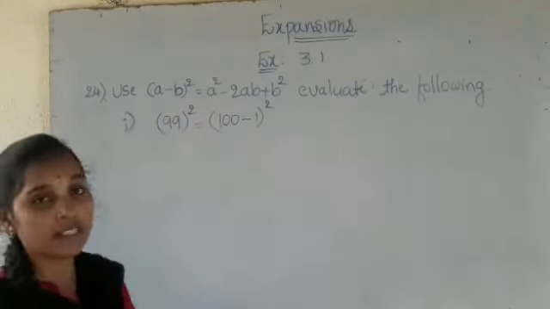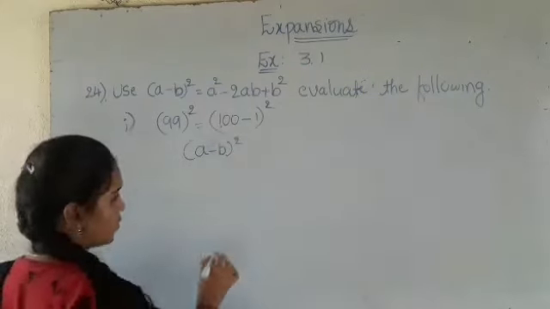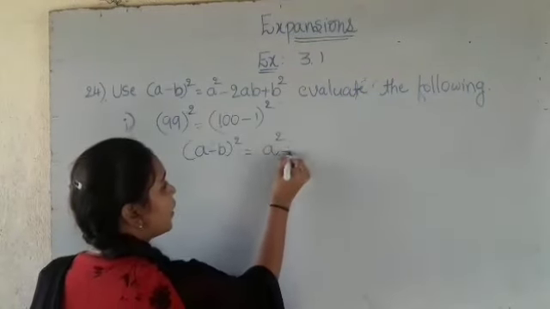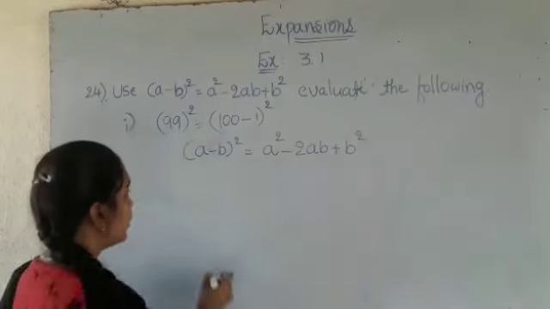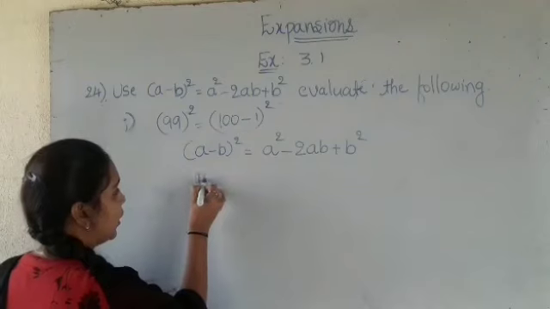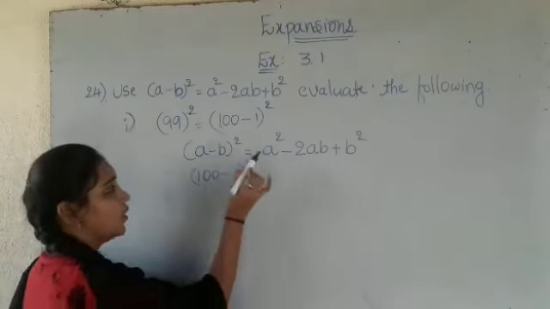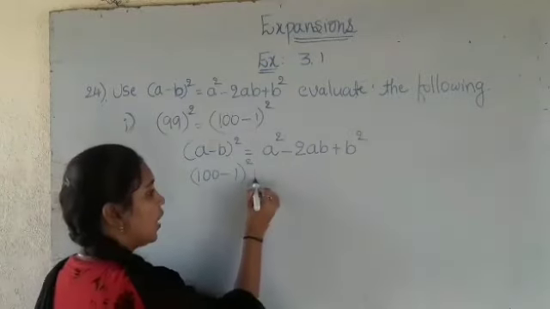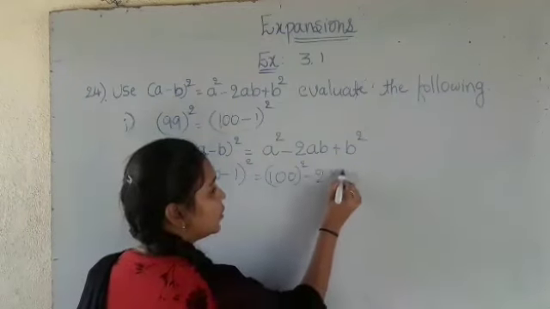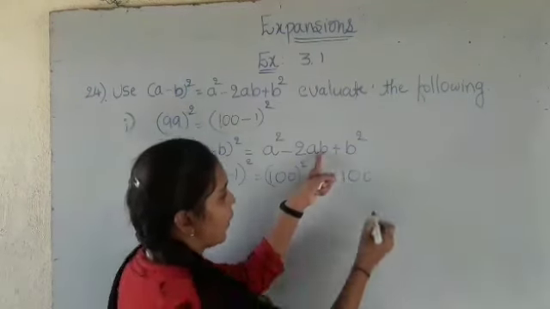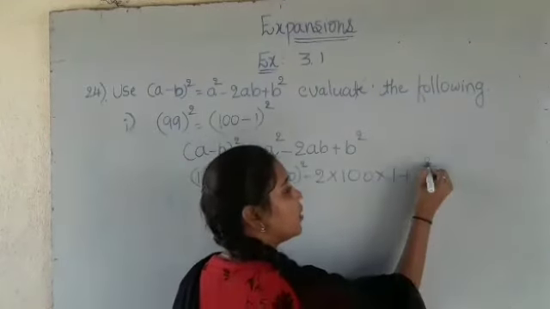Now we have to use this identity. What is that? One more time, write that identity: a minus b whole square is equal to a square minus 2ab plus b square. What is the value of a here? 100. The value of b is 1. So 100 minus 1 whole square is equal to 100 square minus 2 into 100 into 1 plus 1 square.